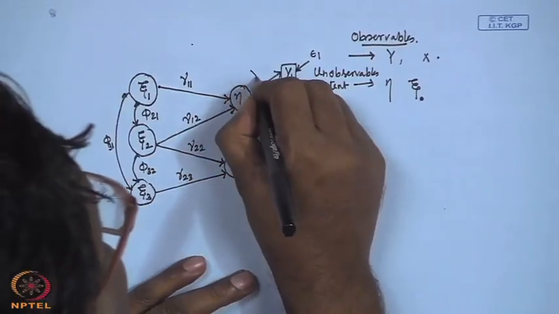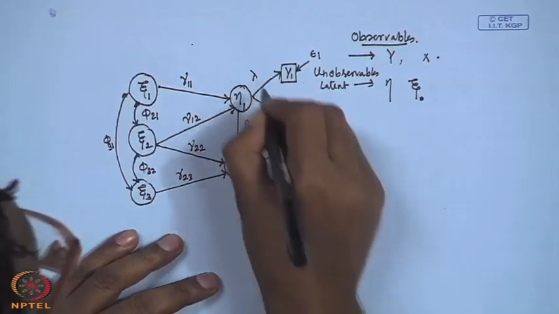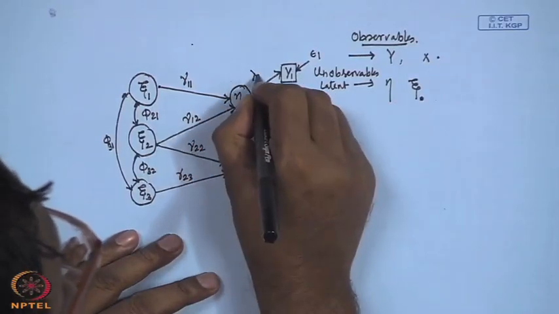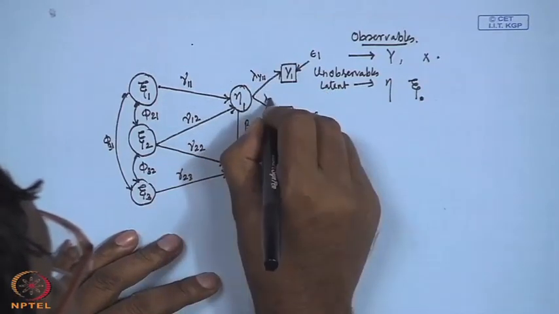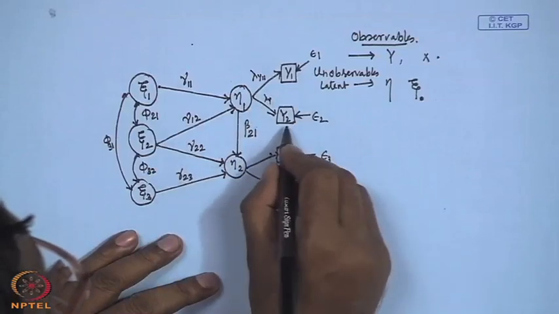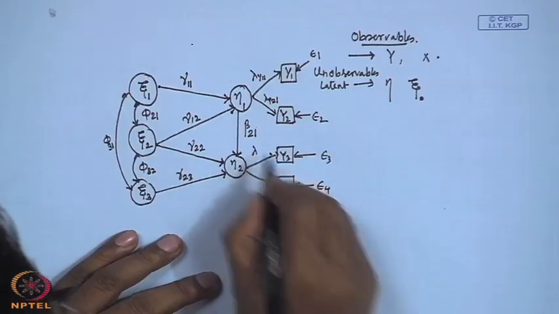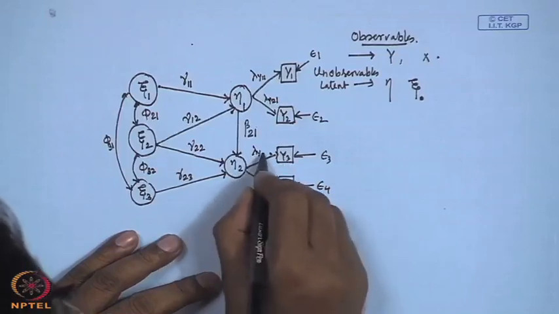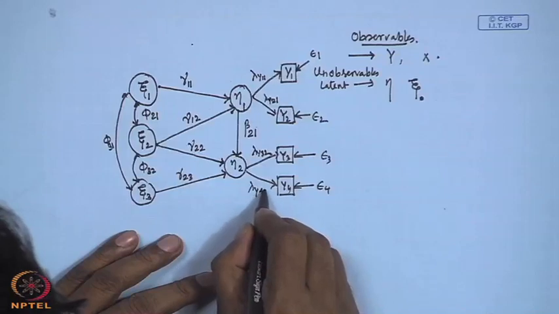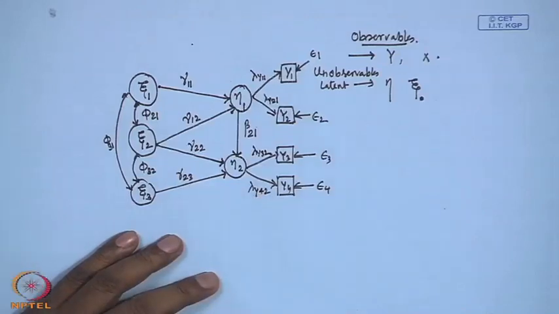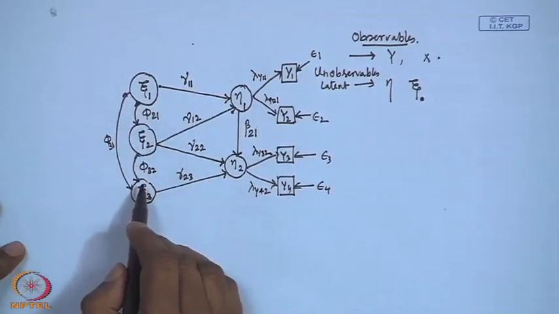So, we have given lambda, I think let us use another subscript y, and this is 1 1, then this one will be lambda y 2 1, then this will be lambda y 3 2, this is lambda y 4 2. So, we also require to measure this.